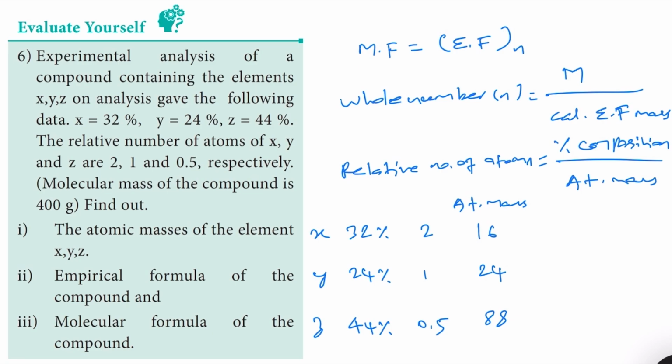Now, let us determine the simple ratio. Simple ratio, what do we do? We take the lowest value from the relative number of atoms and then divide by that value. So, 2 divided by 1/2 will be 4, and then 1 divided by 1/2 will be 2, and then 0.5 divided by 0.5 will be 1.